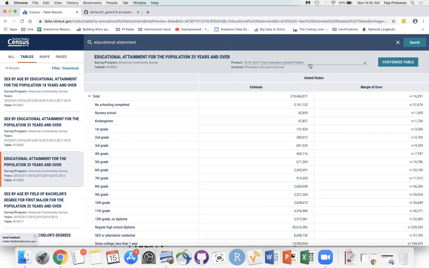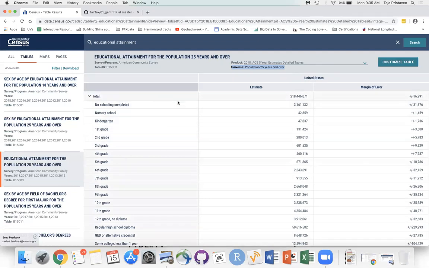But basically, I can't really give you general guidelines here. Depending on your research question, depending on the population that you're interested in, you will always want this universe to align with the population that you're actually exploring. So let's say that I'm interested in adults in general, so this is perfect for me.